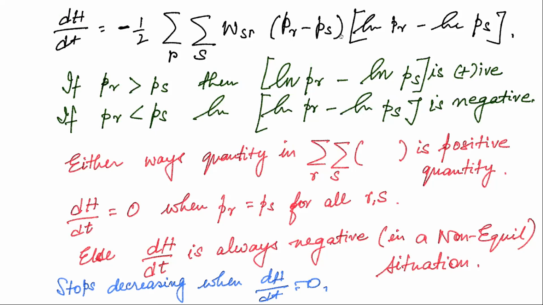And once they are equal, all the probabilities of the different microstates are equal, then dH/dt cannot decrease anymore. It is equal to 0 and will remain equal to 0. And that is the condition for equilibrium.